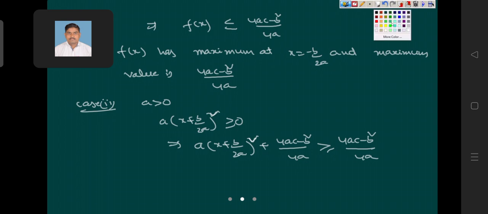The center value is positive. So a positive value added to any real number gradually increases it.